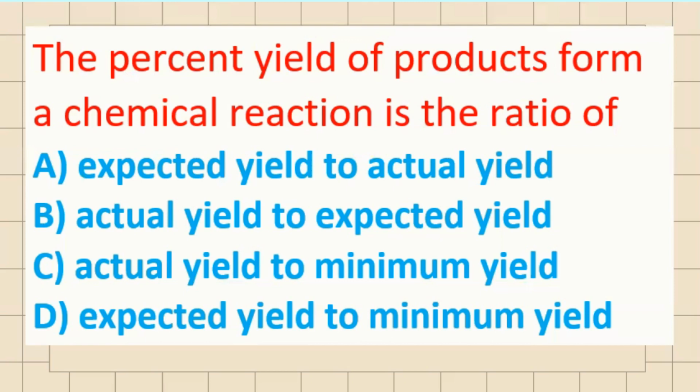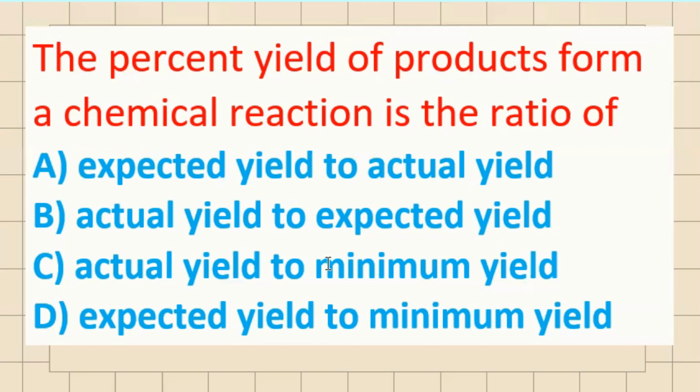A, C, and D are the same? No, I'm sorry. A, expected yield, that means theoretical yield divided by actual yield. This is wrong because percent yield is the reciprocal of this one. B, actual yield to expected yield. This is correct.